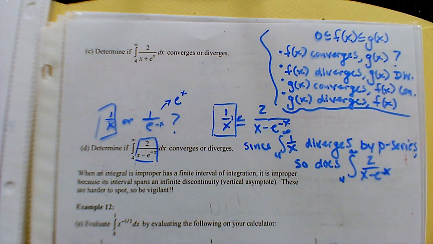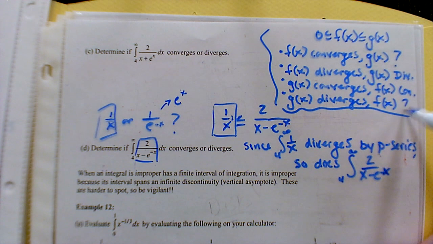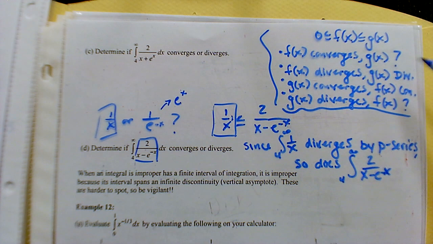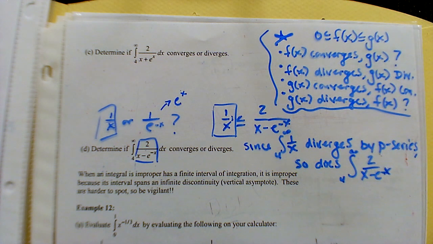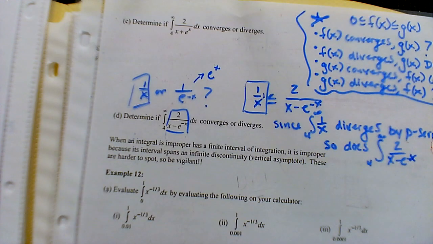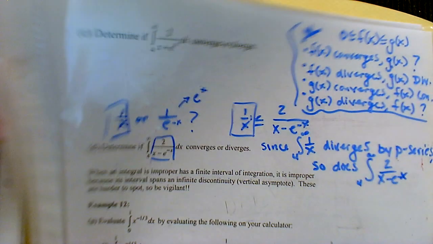What does the smaller one do? No idea. So we really only have 2 conclusions there. Even though there's 4 possibilities, only 2 of them have a result. Awesome. We're going to see this a bunch more in the next unit, so if we can keep that in the near front of our heads for now, that would be awesome. Okay, we're going to continue today talking about these improper integrals.